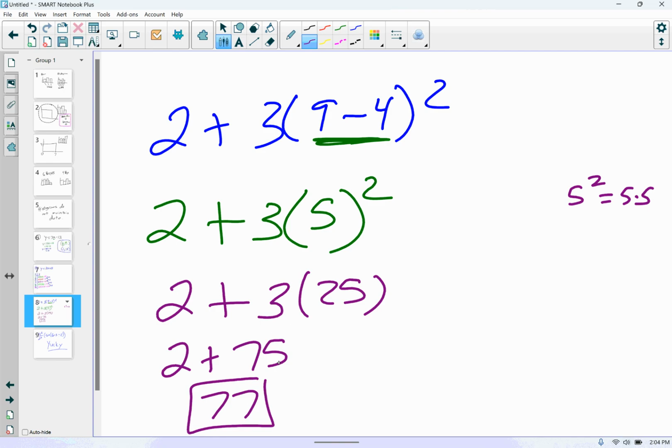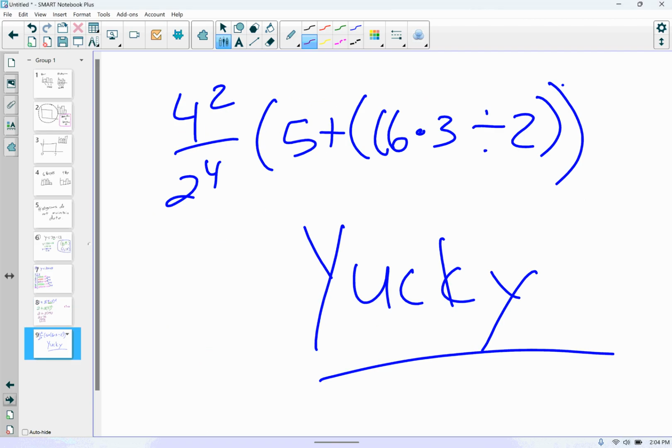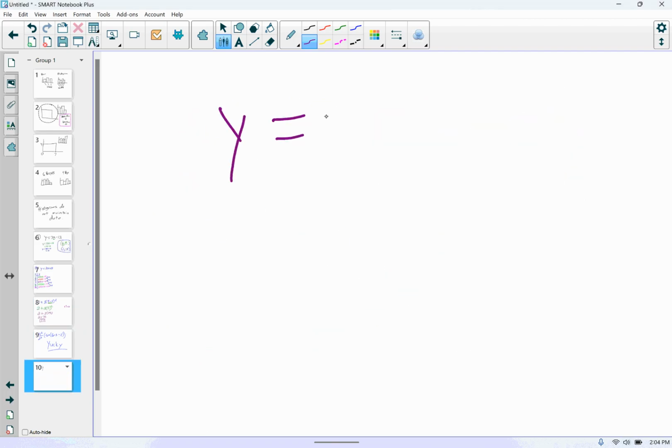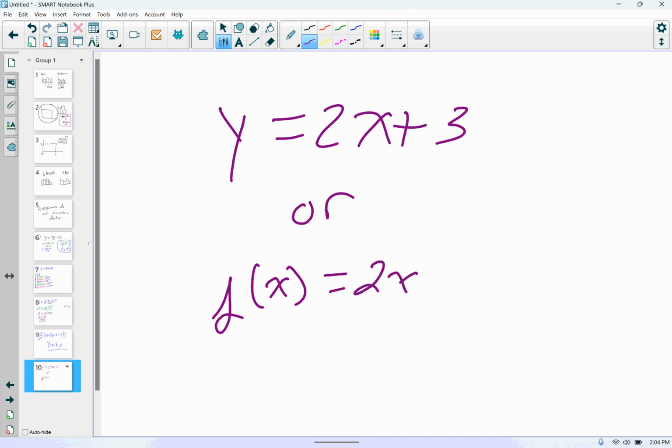So, ready? So I'm going to show you something. If I have y equals, and this is not on your paper, if I have this, or I have this, they mean the same thing.